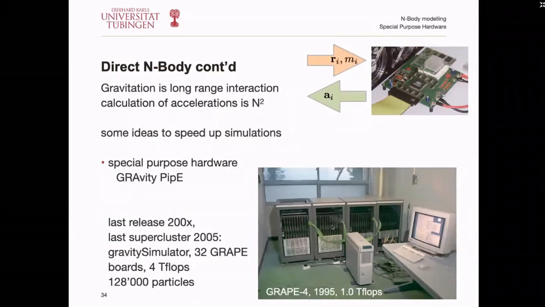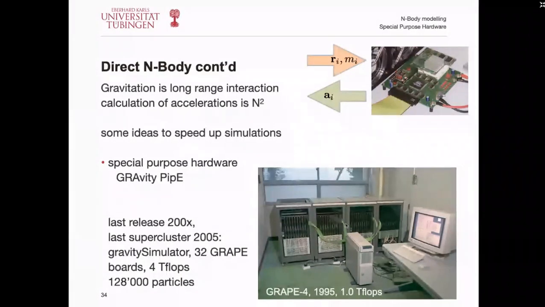Probably looks different now, but this was a supercluster with 32 GRAPE boards, which were used to calculate the time evolution of 10 to the 5 particles. And this was in '95. This was very great and very good. Okay, this was high-end, high-performance computing, and this was a really expensive supercluster.